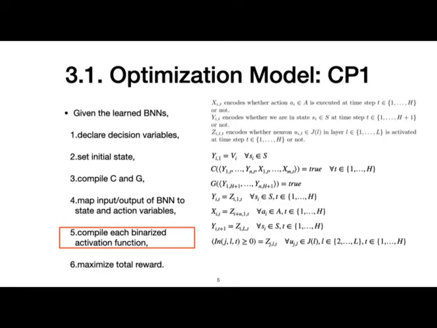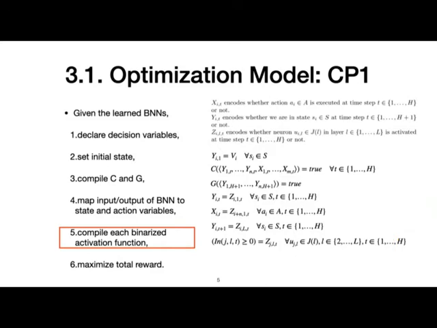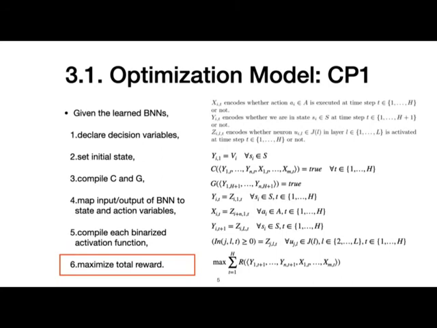Otherwise, the neuron will be deactivated, where the input to the neuron will be the weighted sum of the inputs from the previous layers, and the bias term can be computed to be a constant integer after the BNN is learned. Finally, the objective function of our CP model maximizes the total reward across all time steps.